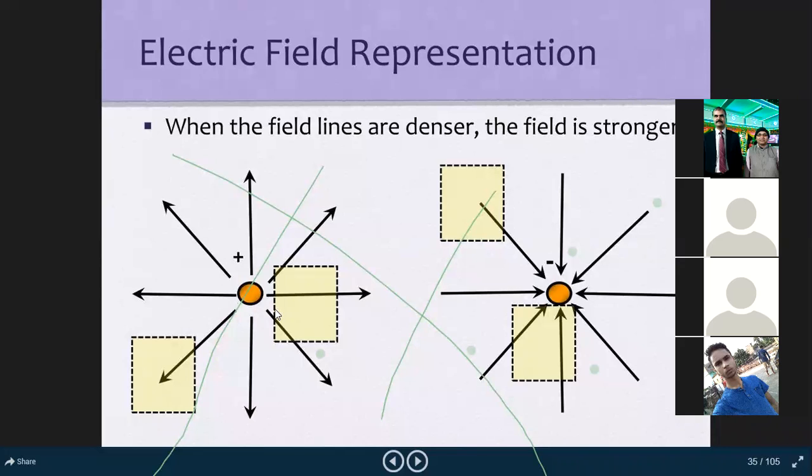So the intensity of electric field strength will be stronger at this location in comparison to this location. In the same way, here the electric field intensity will be smaller and here it will be greater. So the concentration of field lines at any point in space gives the strength of the electric field.